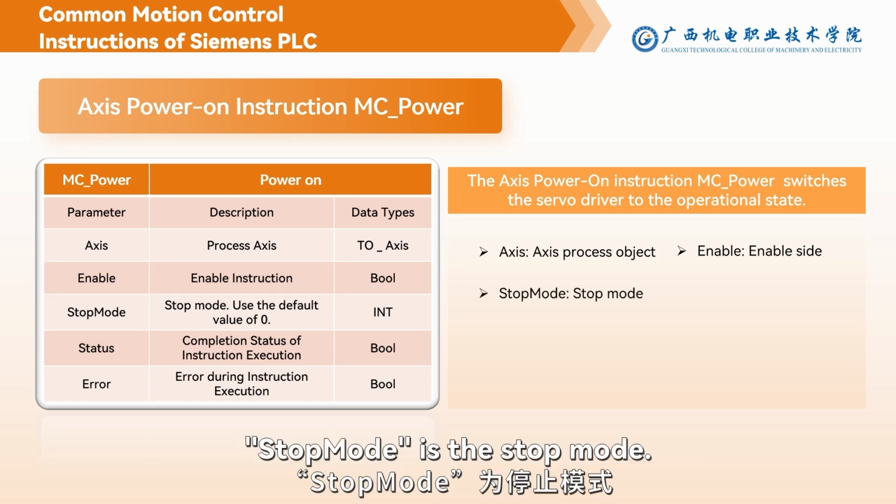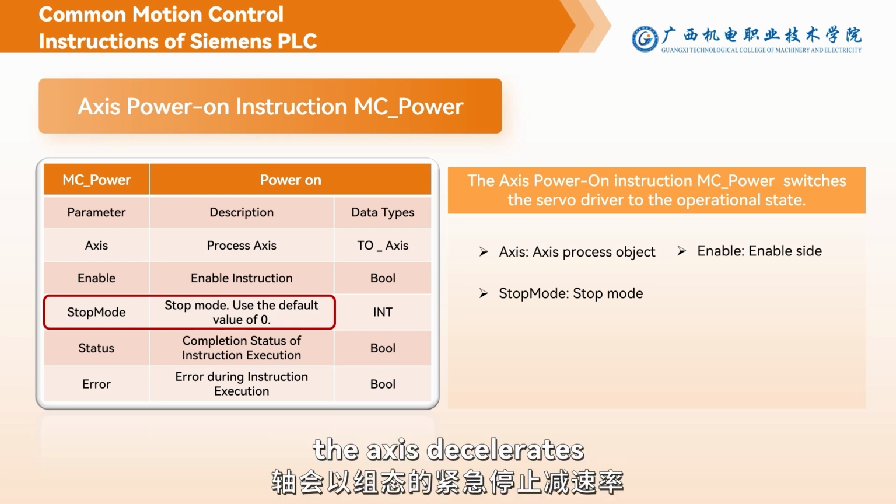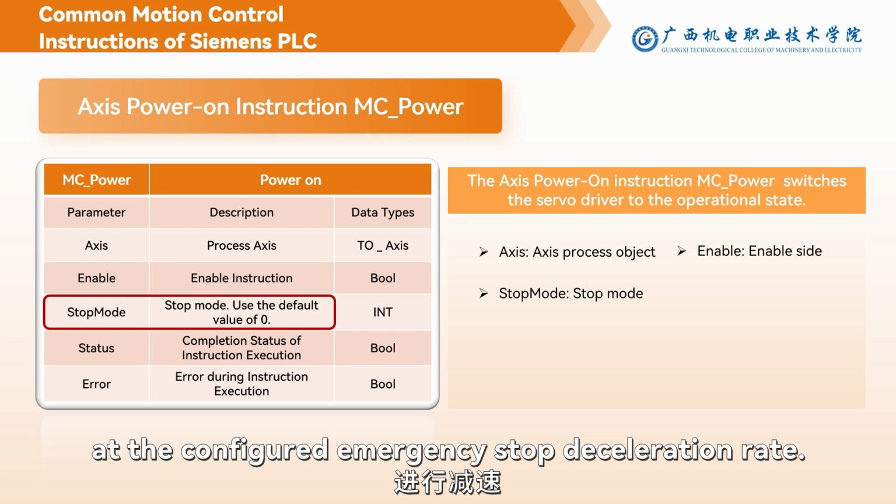Stop mode is the stop mode. When the stop mode is 0, the axis decelerates at the configured emergency stop deceleration rate.